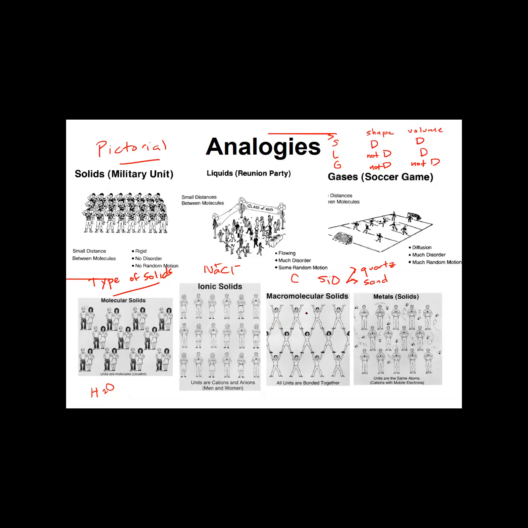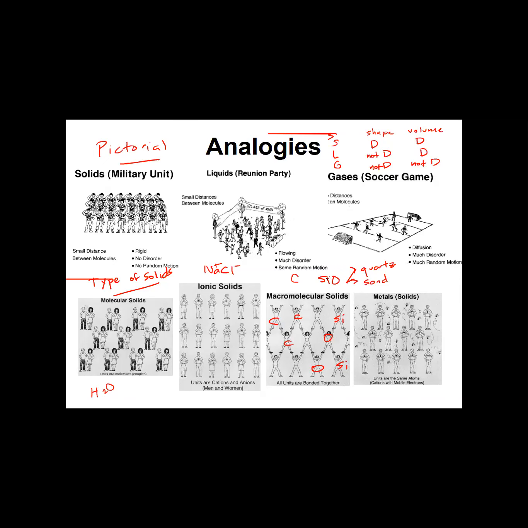So what happened here? If in the diamond and graphite these are all C, in SiO2 this is an Si, this is an O, this is an Si, this is an O. That's that kind of arrangement. Now, the last form of solid is the so-called metal. Metals are known as what? Good conductors of heat and electricity.